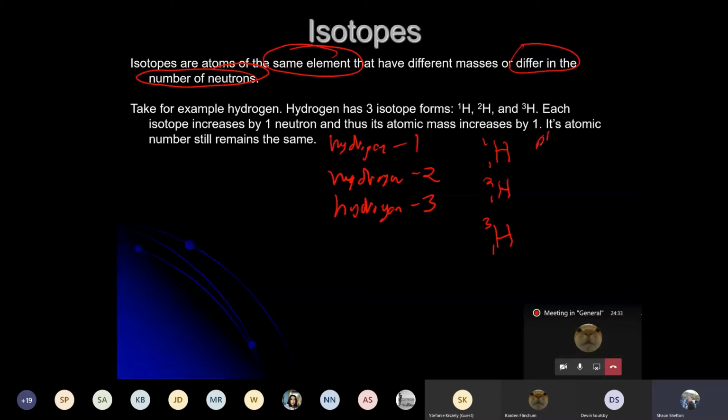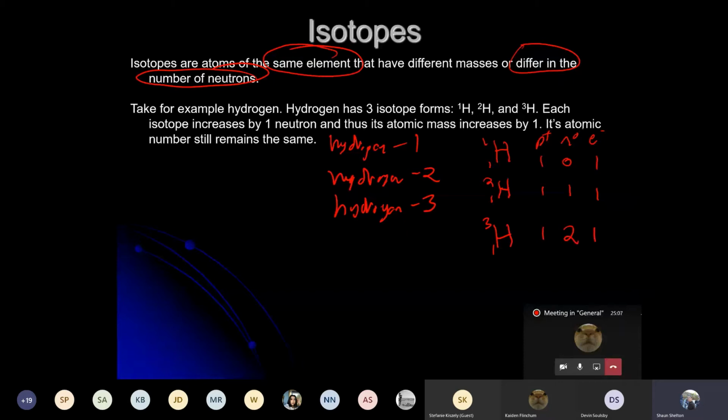Now, when we look at protons, neutrons, and electrons, the protons for all 3 of these stay at 1 because that's based off the atomic number. It's the neutrons that change here. In fact, these are all the same charge, so the electrons remain the same with 1 electron. For the neutrons, you look at the mass number and subtract the bottom number, so mass minus atomic, which gives you 0, then 1, and then the last one gives you 2.